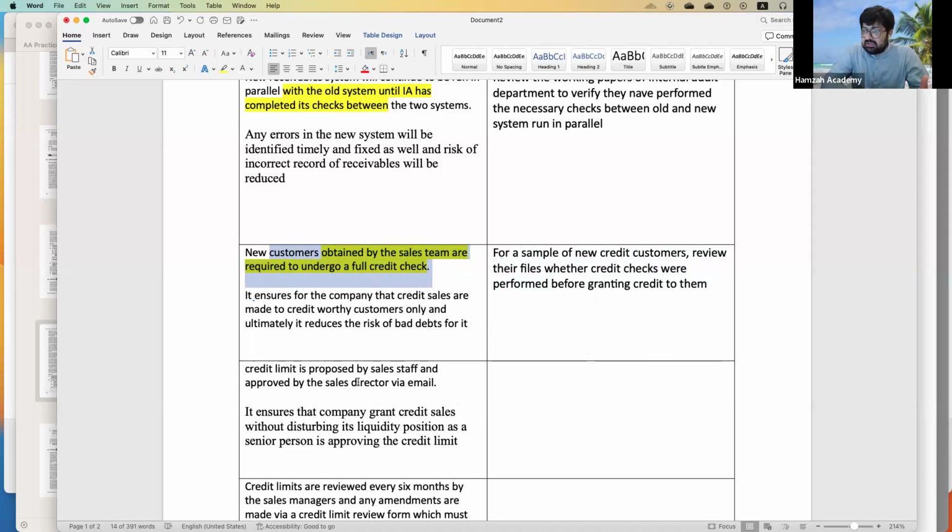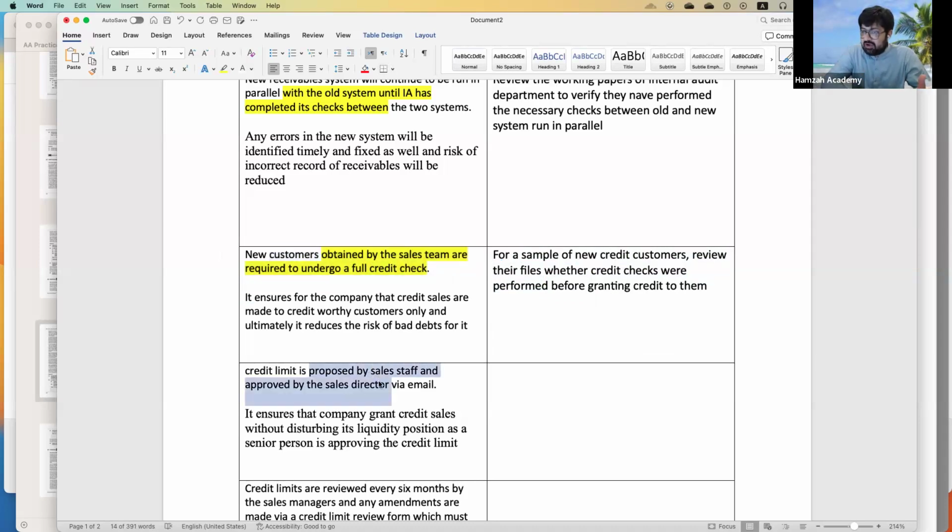Now, credit limit is proposed by sales staff and approved by sales director via email. Now, you will tell me how to check it. Tell me the test of controls for it. All of you will answer. Yes, please.